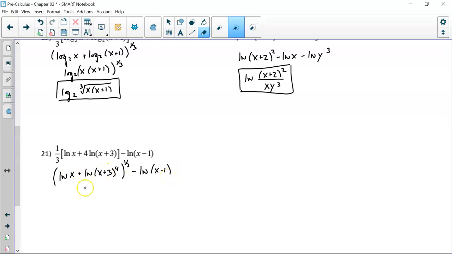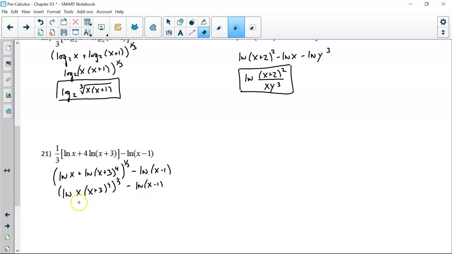So now I condense on the inside, natural log of x times x plus 3 to the 4th, minus the natural log of x minus 1.